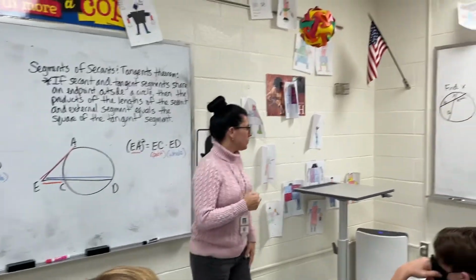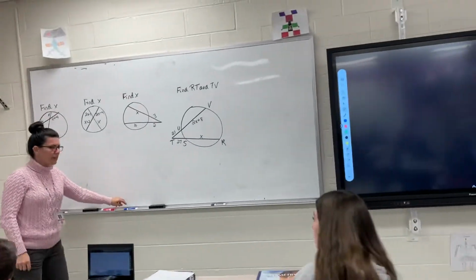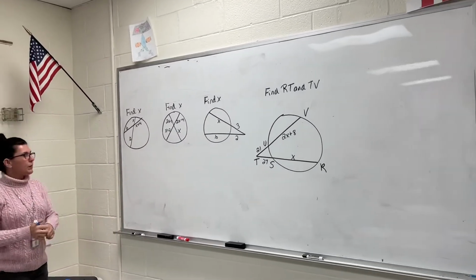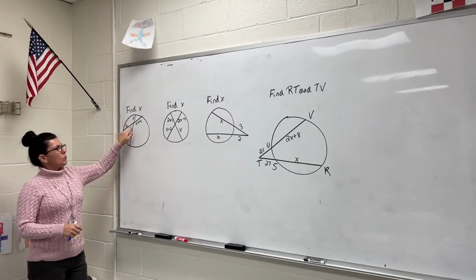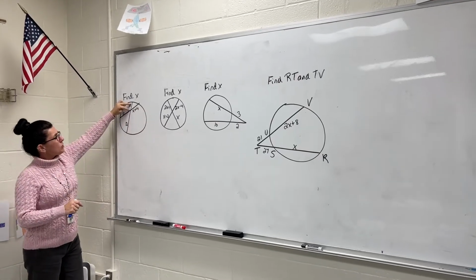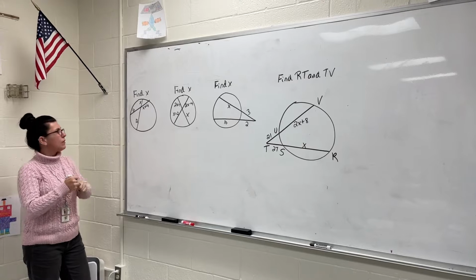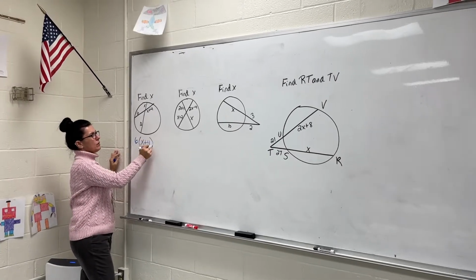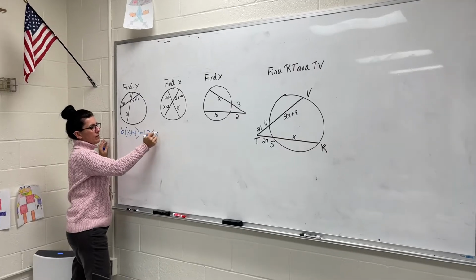Let's look at some examples. The first example deals with the first theorem that we talked about. We're going to do one segment times the other segment of one chord, and then the partial segment times the partial segment of the other chord. When we set this up, it looks like this: 6 times (x plus 4) equals 12 times x.